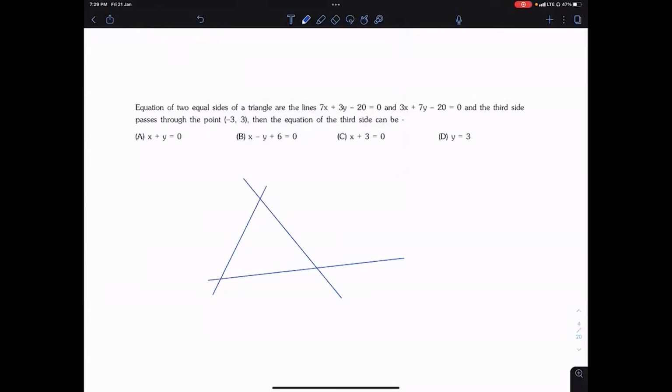So let's say this is the triangle ABC. What are they saying? Two equal sides. Let's assume the equal sides are AB and AC. One side's equation is 7x plus 3y minus 20 equals 0, and the other side's equation is 3x plus 7y minus 20 equals 0.